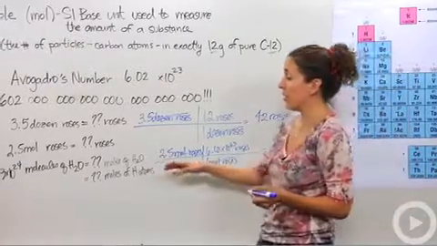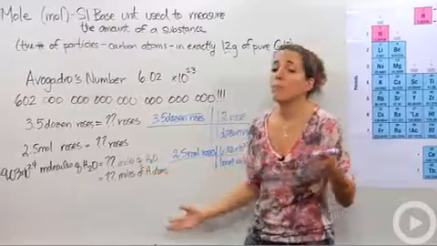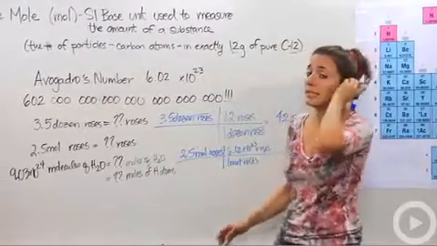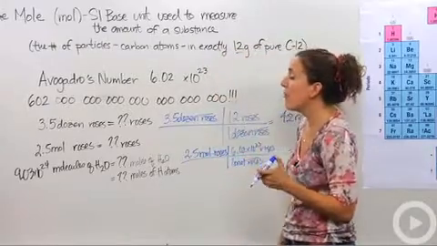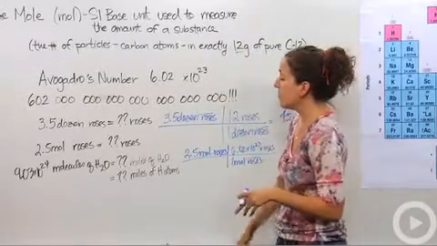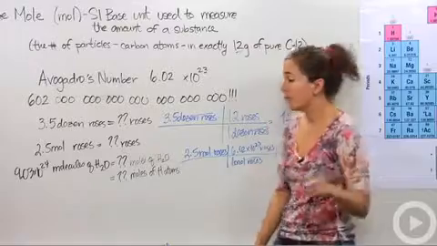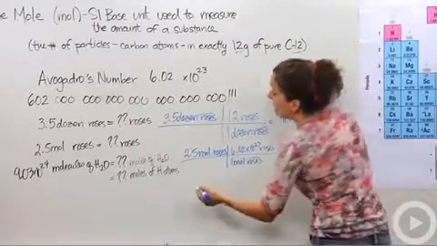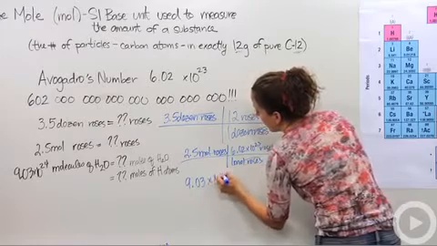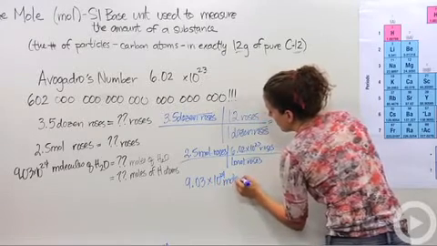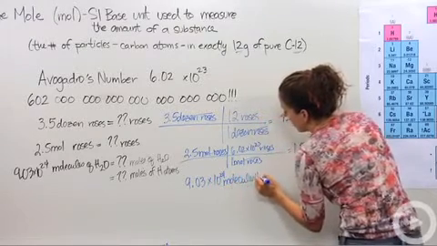Let's start using this number, the mole, when we're dealing with molecules and atoms. This is when you're going to see it most. So let's say we have 9.03 times 10 to the 24th molecules of water. How many moles of water do we have? Well, it's kind of the same thing. So we're going to say 9.03 times 10 to the 24th molecules of water.